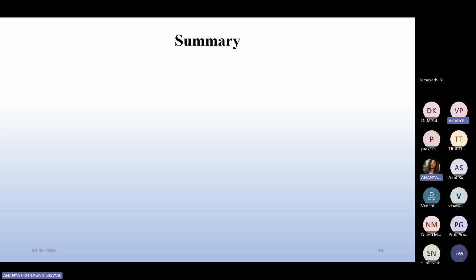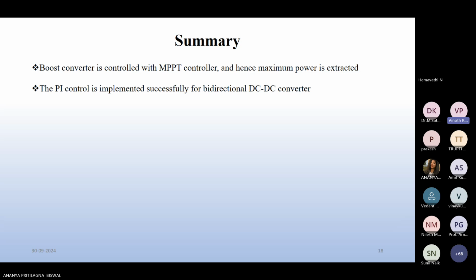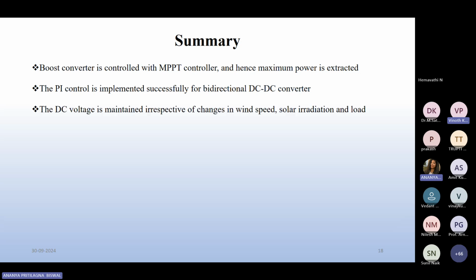Now, I want to summarize the session. The boost converter is controlled with an MPPT controller so that maximum power can be extracted. PI control is also implemented for the bidirectional DC-DC converter. DC link voltage is maintained irrespective of any change in solar radiation, load or source.